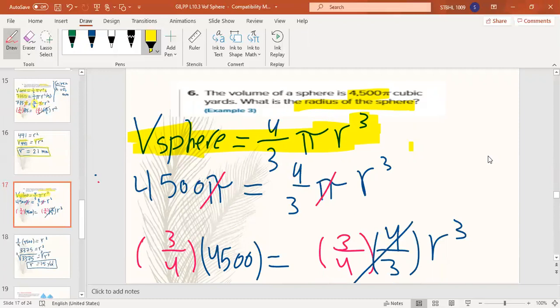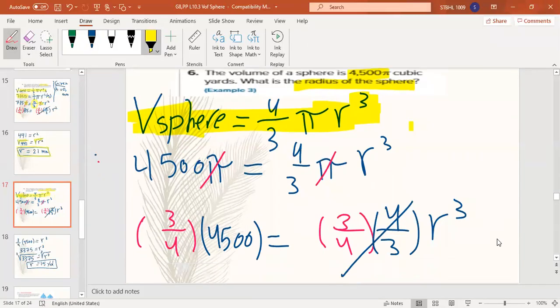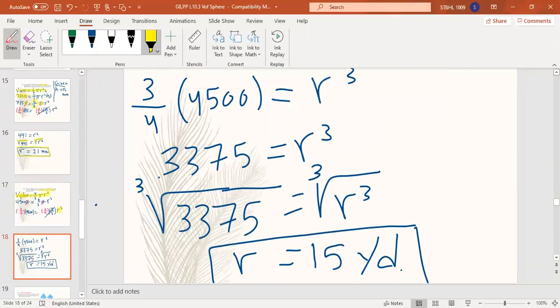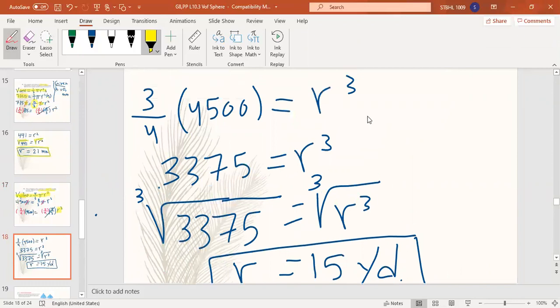And you can get rid of the pi by dividing both sides by pi. So 4,500 equal 4 over 3 r cubed. And we need to isolate just the r cubed. So we will multiply by the reciprocal of the coefficient of r cubed, which is 3 over 4, to get rid of the 4 over 3. And 3 over 4 times 4,500 equals r cubed. And then multiply, you will get 3,375 equal r cubed.